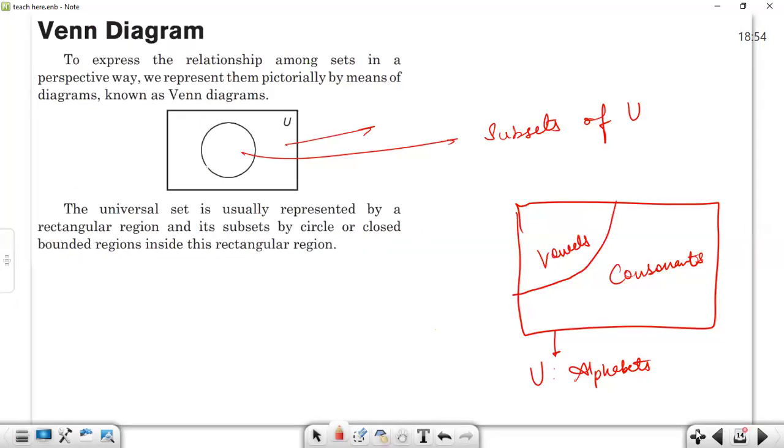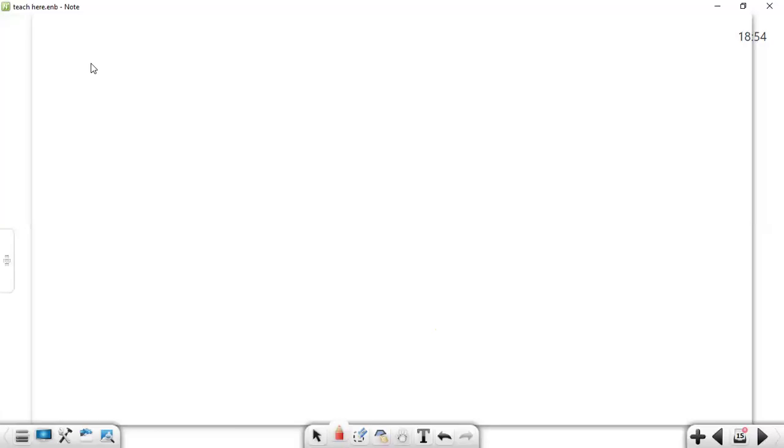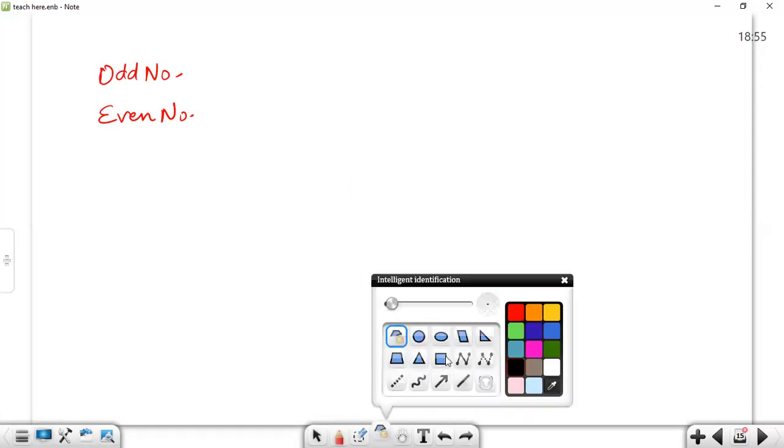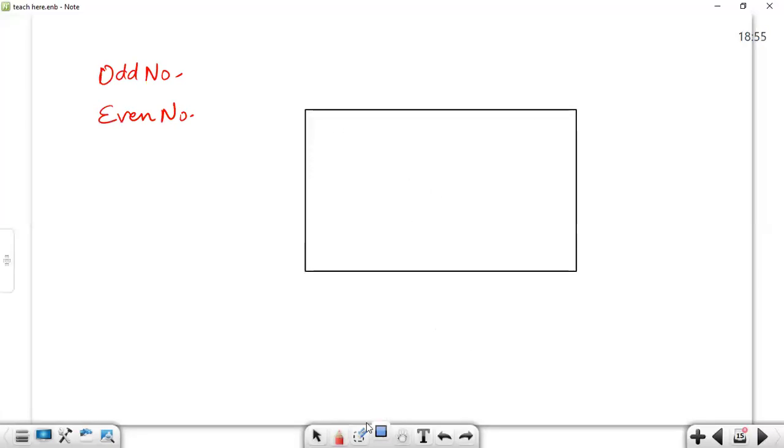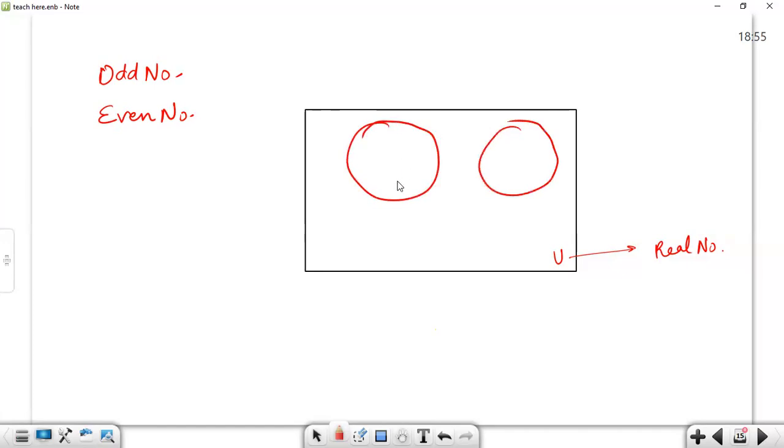Let's say we are discussing numbers, and there's a set of odd numbers, a set of even numbers, and let's take the universal set as all real numbers. The odd numbers set is here and the even numbers set is here.